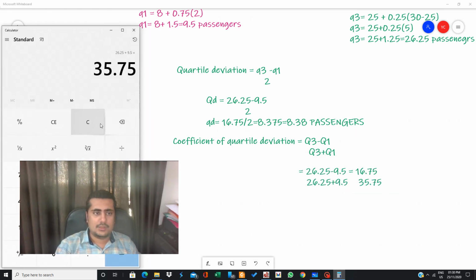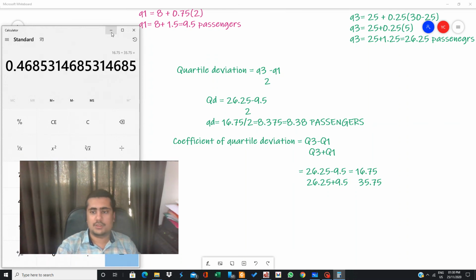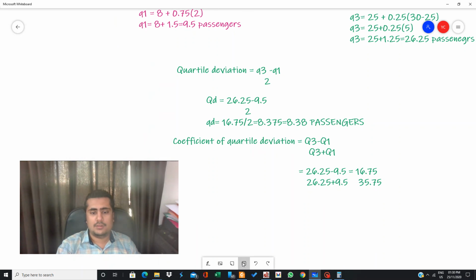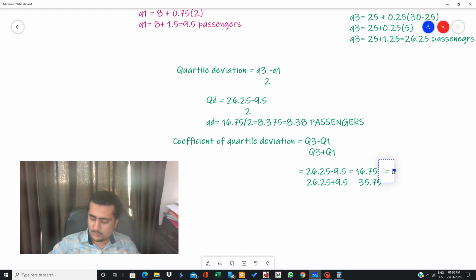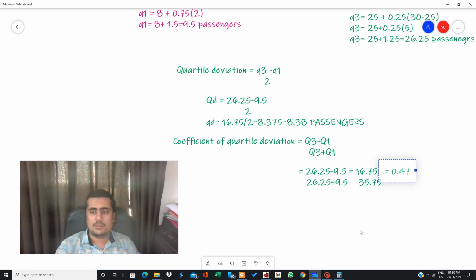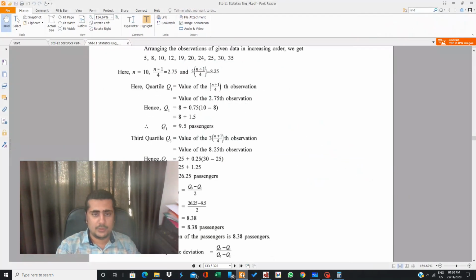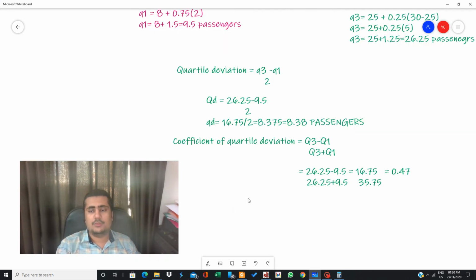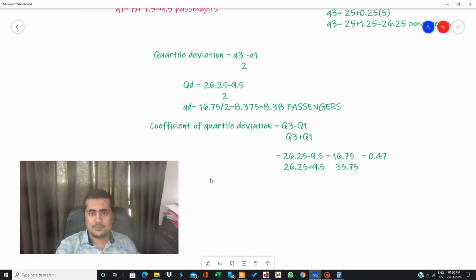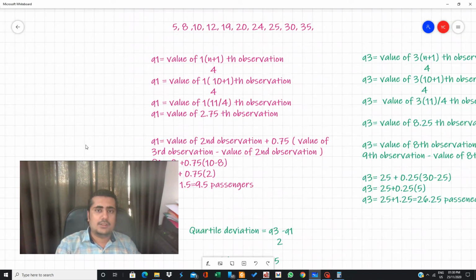So 16.75 upon 35.75 is 0.47. Now in this 0.47 we will not write passengers because this is a relative measure. So coefficient is 0.47. So we have completed this illustration.